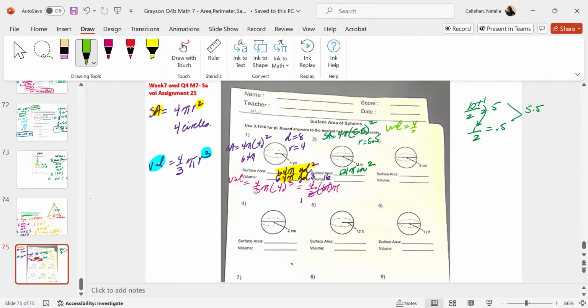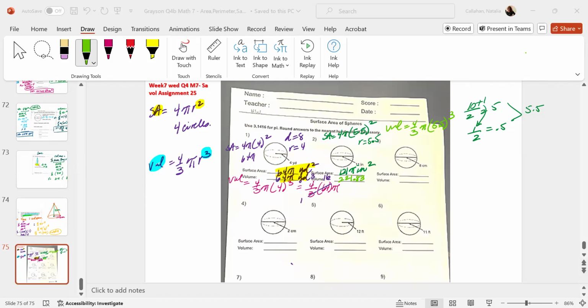Volume is 4/3 pi 5.5 cubed. All right, so then your answer here is 221.8 inches cubed. That is going to be your volume.